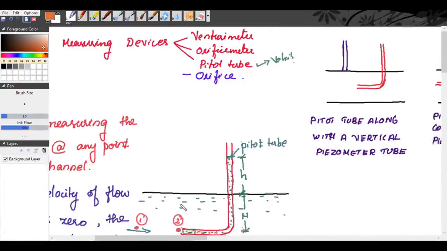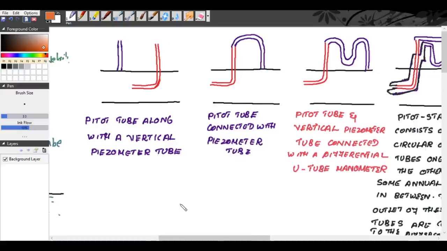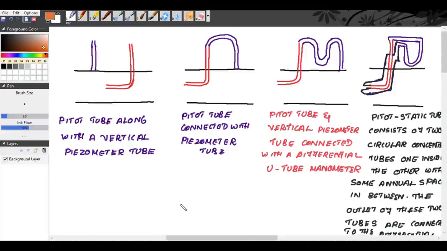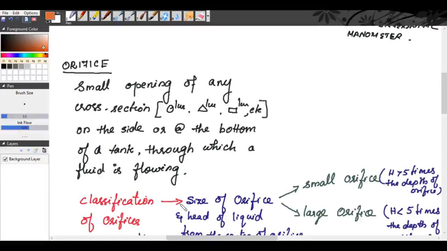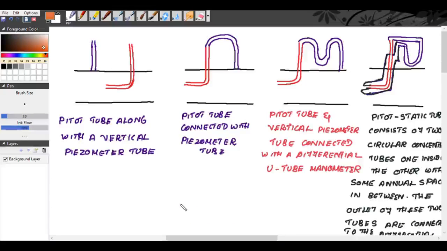We know velocity is equal to Cv into root of 2gh, so we need to find what h is. h is a small h, that is the rise of liquid in the Pitot tube.